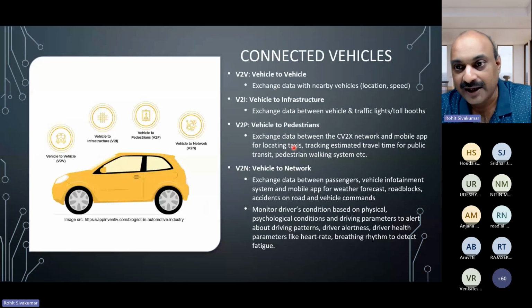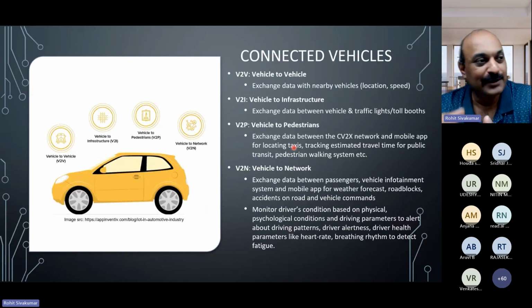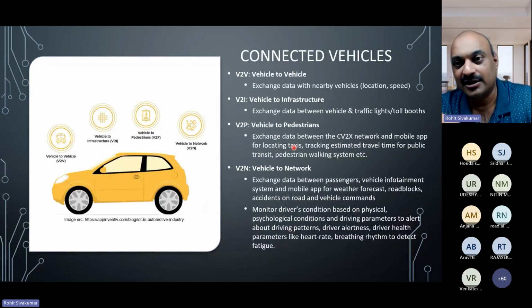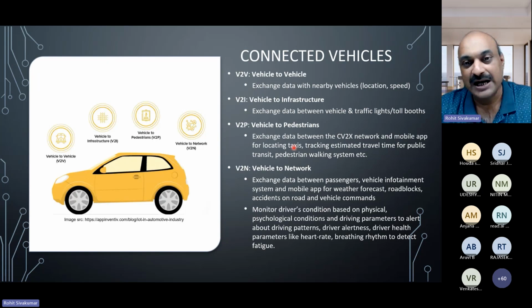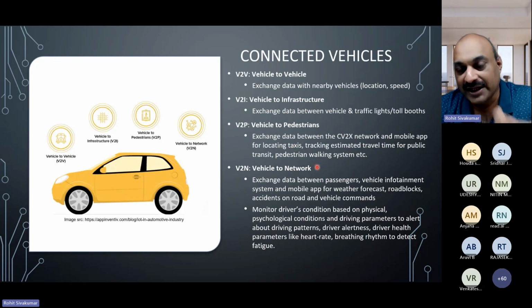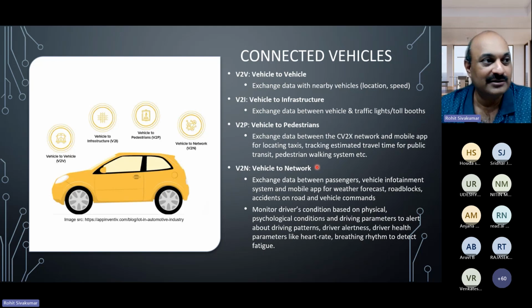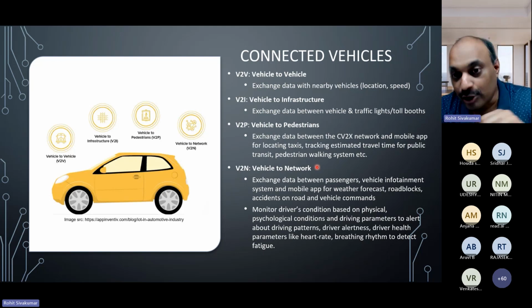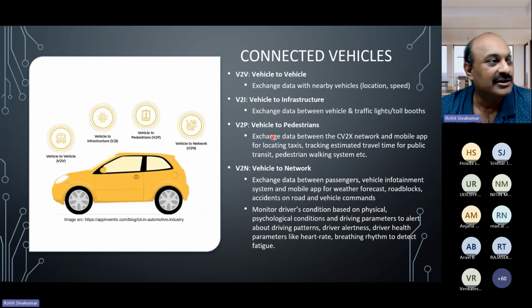So it's like a nearby scanning. Use your mobile app and you can scan all the taxis that are around you. So taxi brand 1, taxi brand 2, taxi brand 3, all three taxis, you don't really need their custom apps, but you can still go ahead and locate these taxis in your app. When you take a taxi, you can already estimate what the travel time is going to be by keying in your destination. So all those sorts of things come under the vehicle to pedestrian use case.